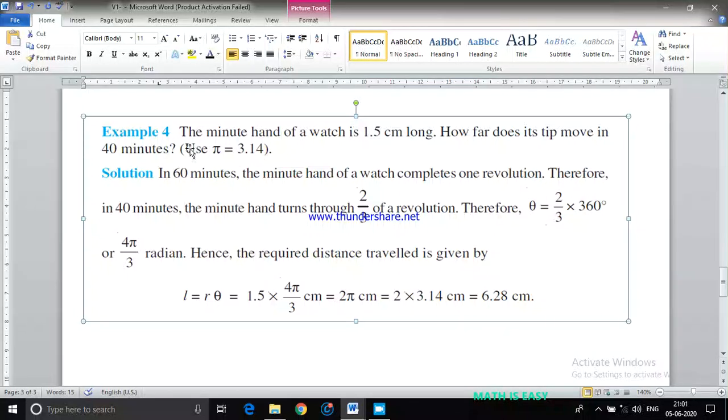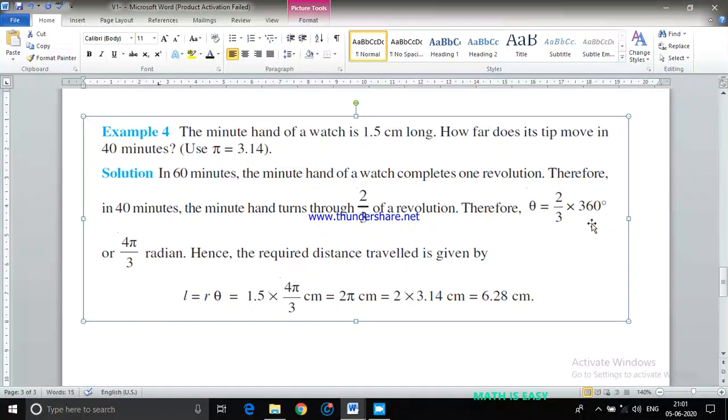If they give me 30 minutes, it will make half a revolution, so 1/2 into 360. Like that you can calculate. Better I suggest you remember that in 1 minute, the minute hand makes 6 degrees. So 40 minutes means 40 into 6, 240 degrees.